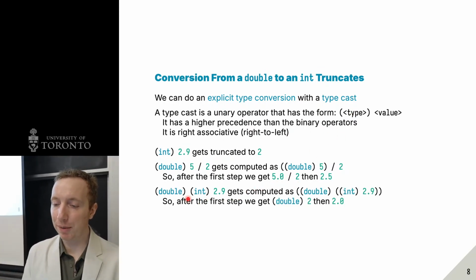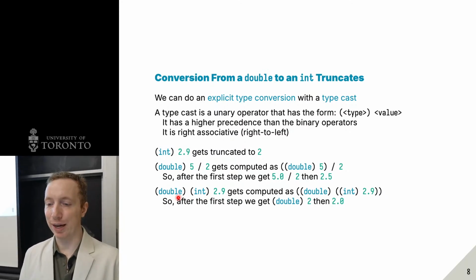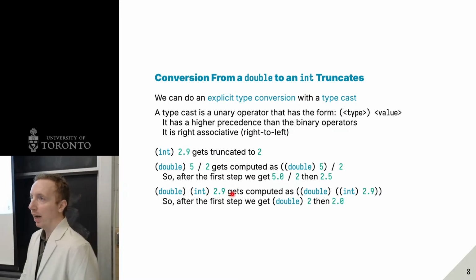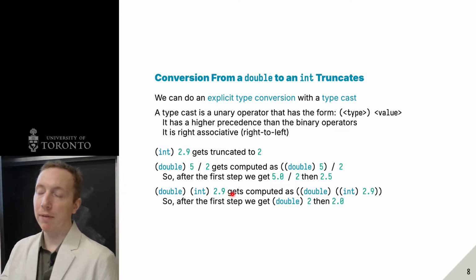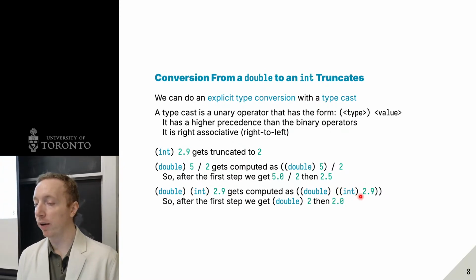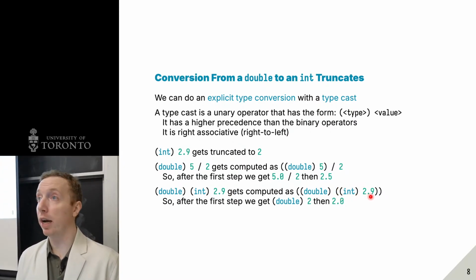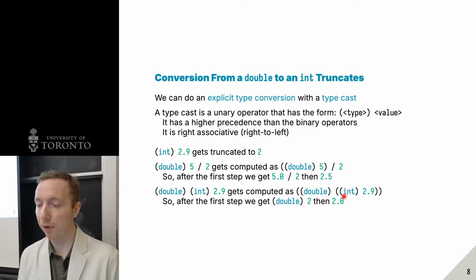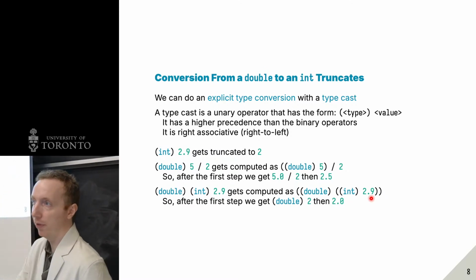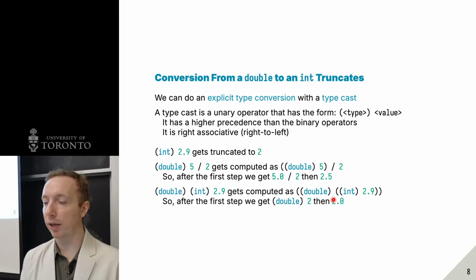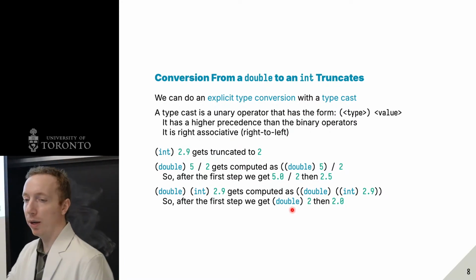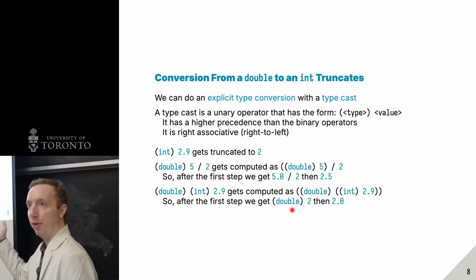If instead I do something strange like brackets double, brackets int, 2.9, everything happens in right to left order. So it will do the int converting 2.9 to an int first. After the first step, it will have chopped off the decimal place, so it will just give a 2, and then it will convert that 2 to a double, which is just adding a 0.0 at the end.